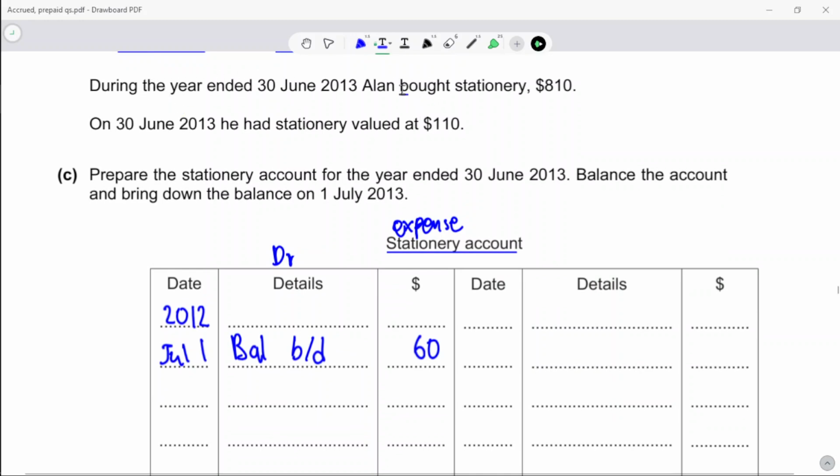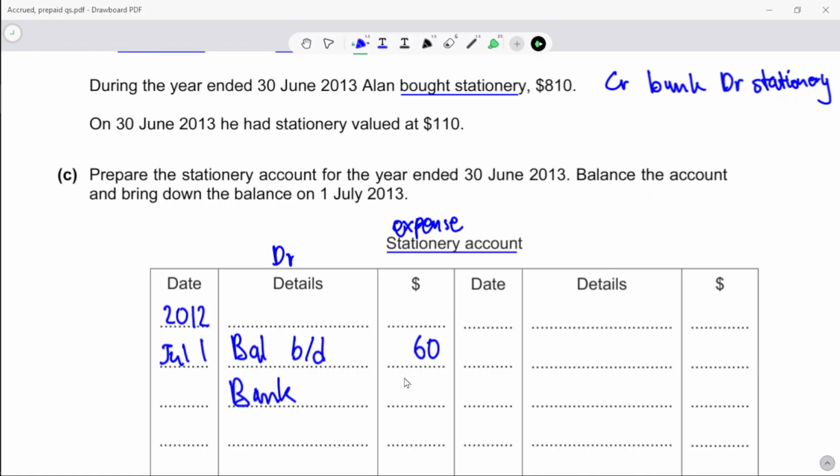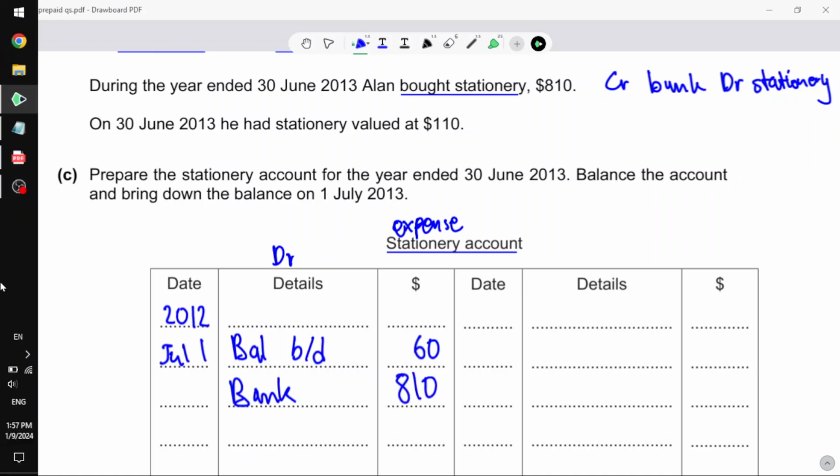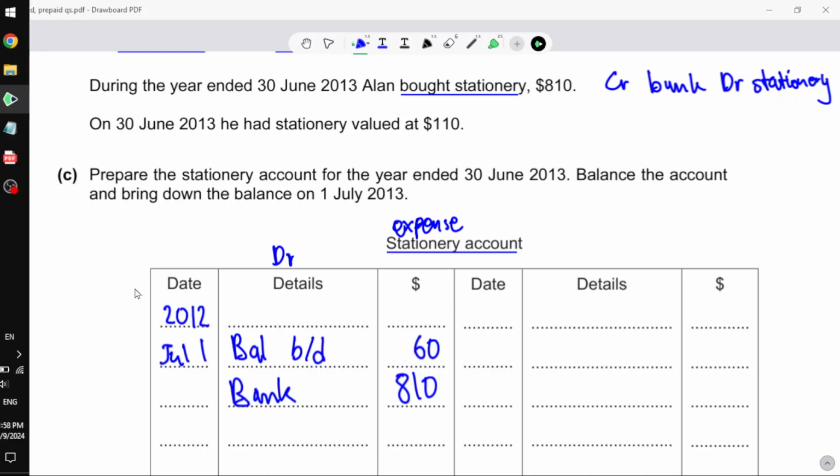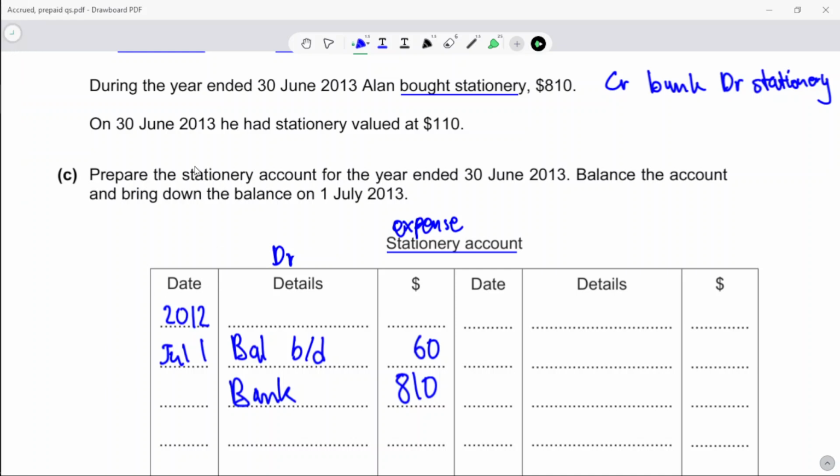Then he bought stationery, which means he spent money, so credit bank, debit stationery. Stationery debit bank. Okay, first line and second line done.